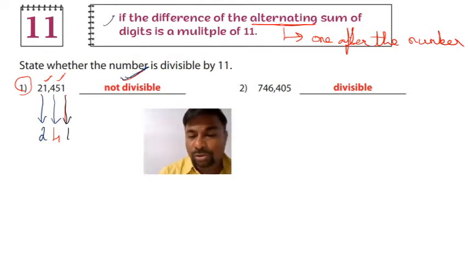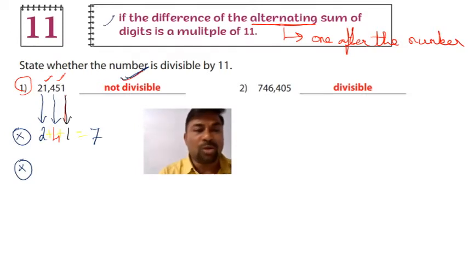Now, according to the rule, let me sum them up: 2 plus 4 plus 1 is 7. That's the first set of alternating numbers. Now let me take the other set, the numbers we marked in red: 1 and 5, which sum to 6.